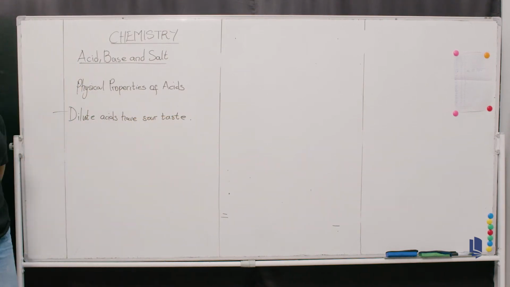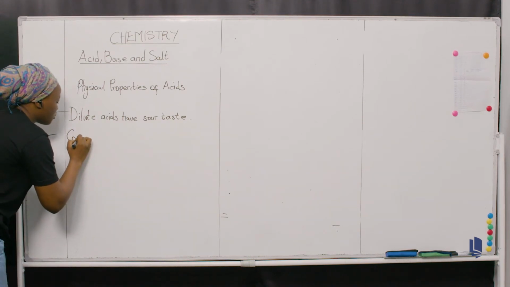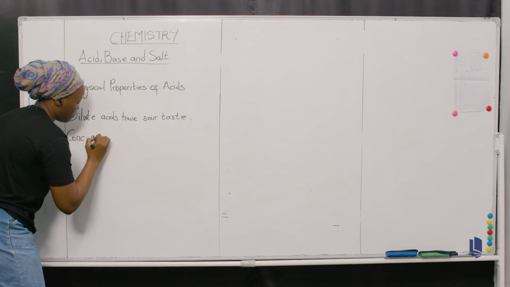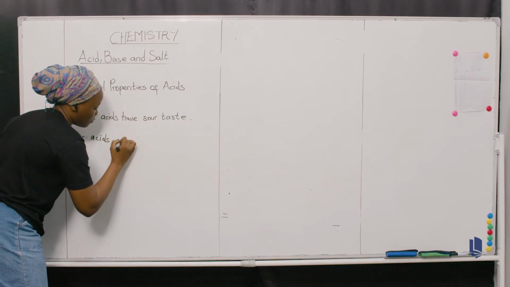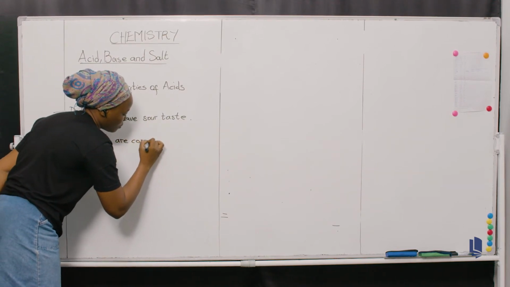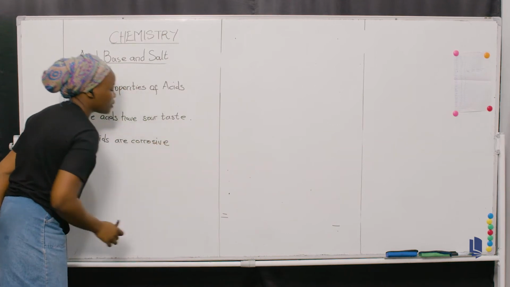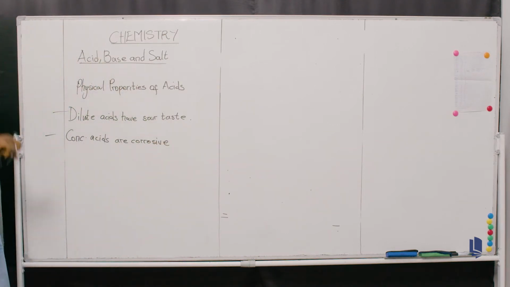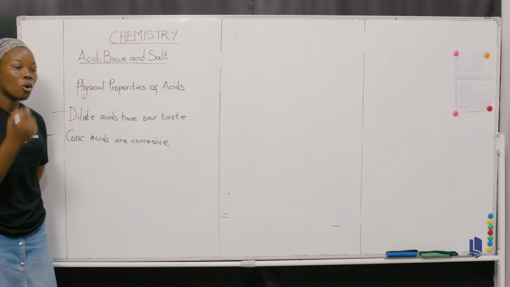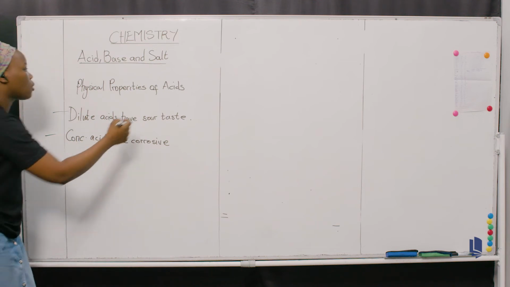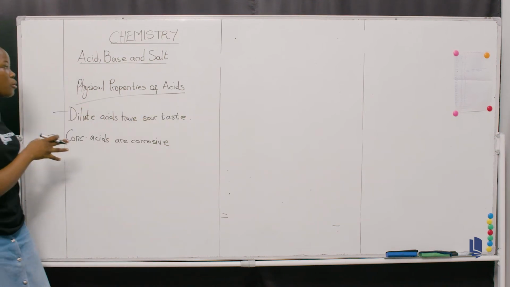Also, concentrated acids are usually corrosive. So concentrated acids. That's why you don't add water into acid, rather you add acid into water. And so these are two physical properties.